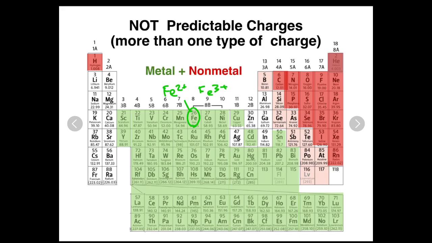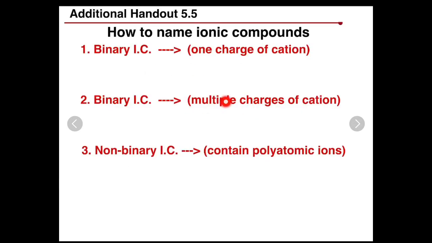You don't need to memorize their charges. What you need to know is how to deduce those charges. The reason why we are going to name them differently is because we need to specify the charges, because in different states they would react differently in the environment, right? Okay, so that's why we need to specify them.